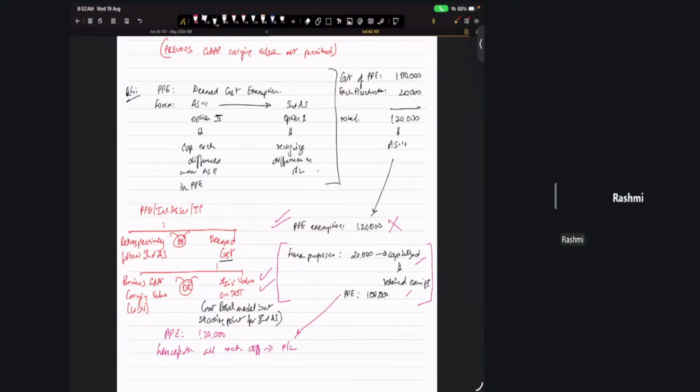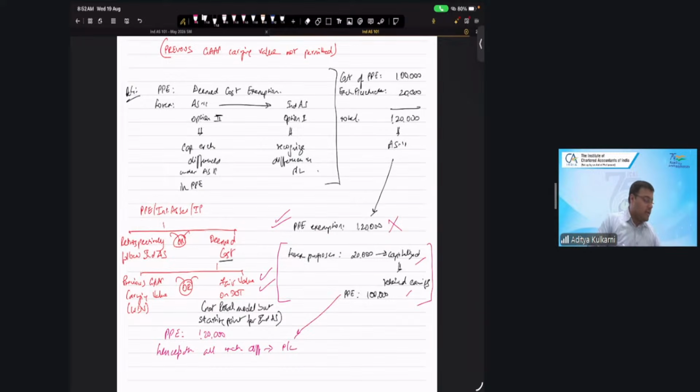So this is there for your Ind AS. So that covers property, plant and equipment. Next. You need a break or we can continue?